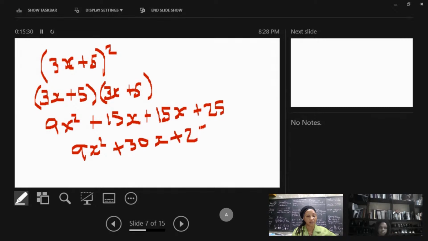All right, this is called the formula because when we square 3x, we get 9x squared. When we square the 5, we get 25. And the middle term here is 2 times 3x, which is 6x, times 5, which is 30x, right?